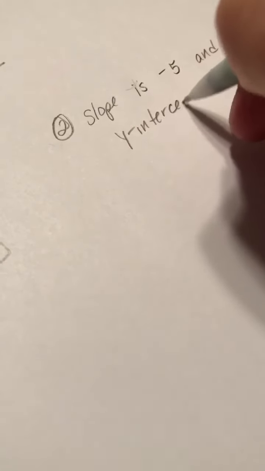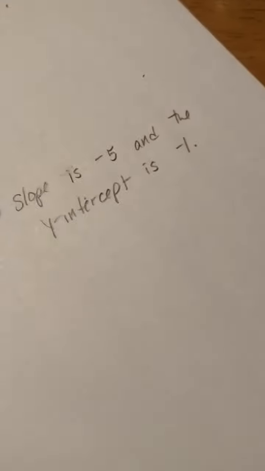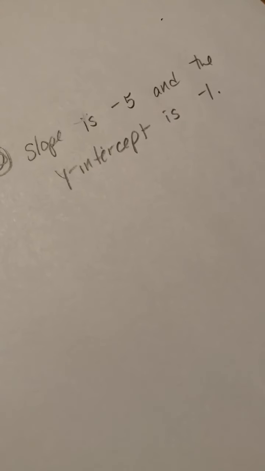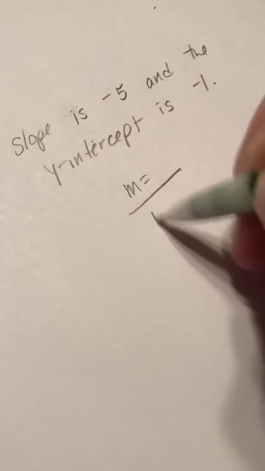But they can reword it and say that slope is -5 and the y-intercept is -1. Well, this one's a little different. The first one just gave us the M and B and we plugged in.